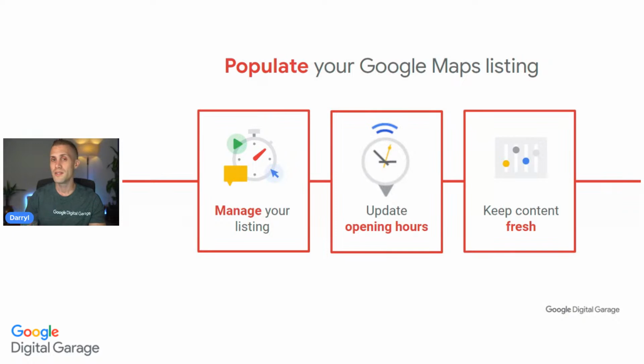If you say you're open 24/7, make sure that customers can contact you 24/7, or that there is a chat function or some way in which they can communicate with you. In my mind, if you say you're open and I can't contact you and I can't do much, you aren't really open. Then we're going to go ahead and keep your content fresh. This is normally quite obvious, but I'm going to give you a couple of pro tips a little bit later in today's session about how we keep that content fresh.